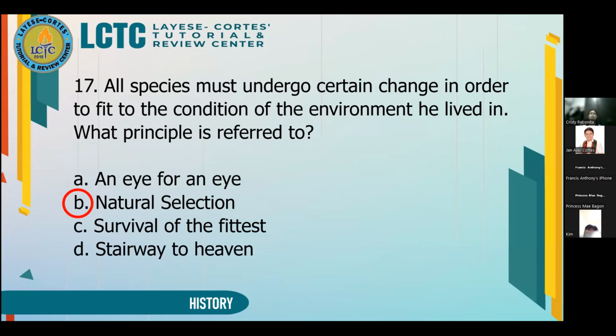Survival of the fittest is the process in which the species have undergone during natural selection. Natural selection is for Charles Darwin, and survival of the fittest is the process of natural selection.